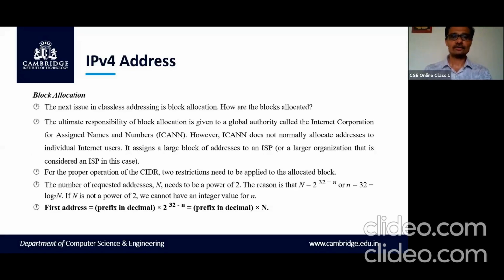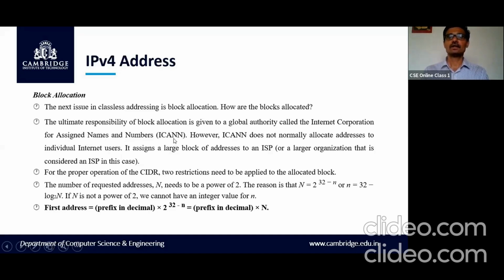The block allocation. Who is allotting the block here, and how are the blocks allotted? The ultimate responsibility of block allocation is with a global authority called the Internet Corporation for Assigned Names and Numbers, ICANN in short.